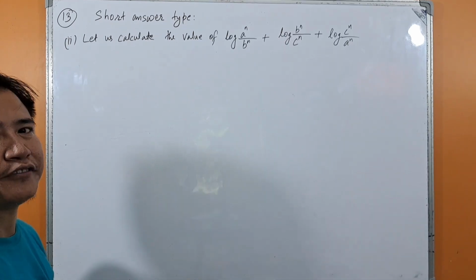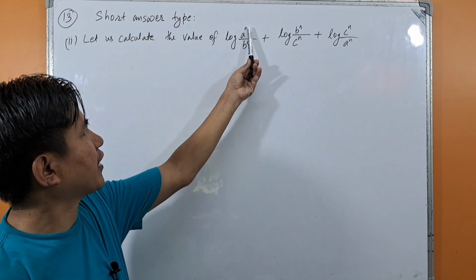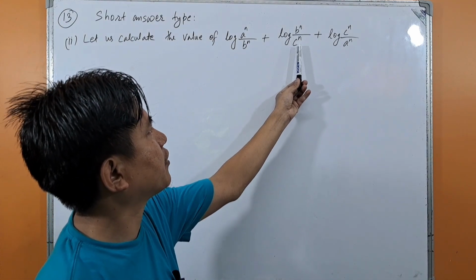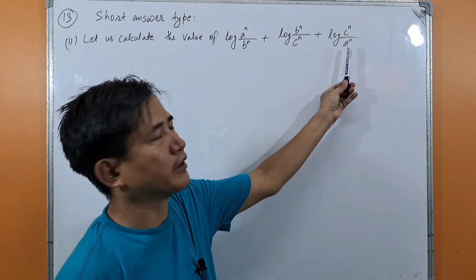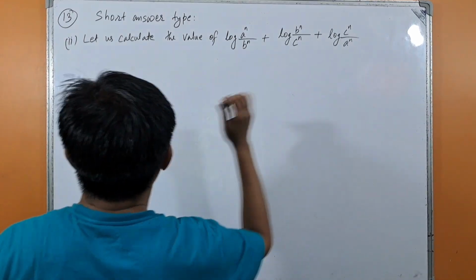Question number 2 of 13. Let us calculate the value of log a to the power n upon b to the power n plus log b to the power n upon c to the power n plus log c to the power n upon a to the power n. So we are asked to calculate the simplest value of this expression.